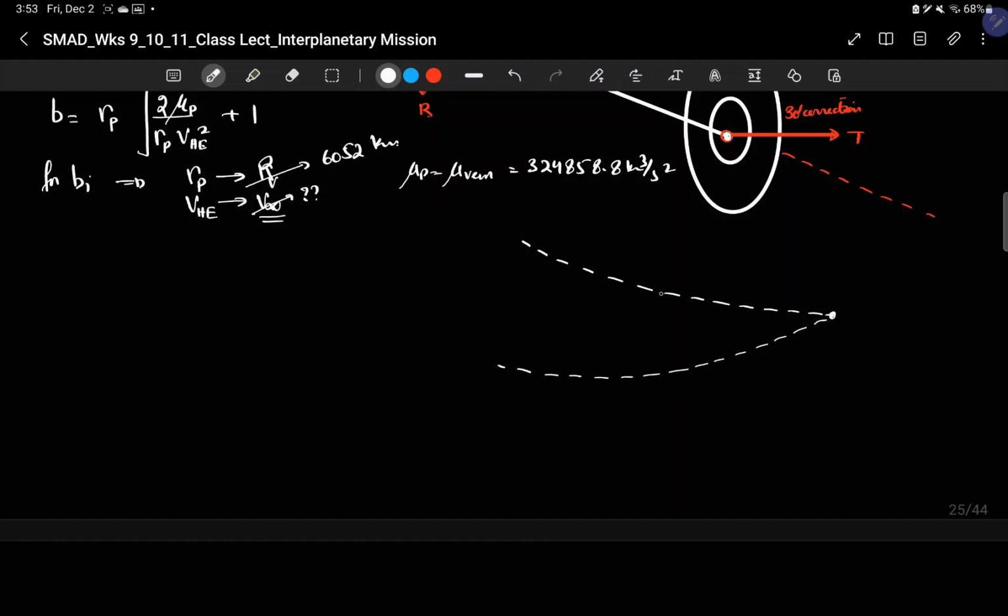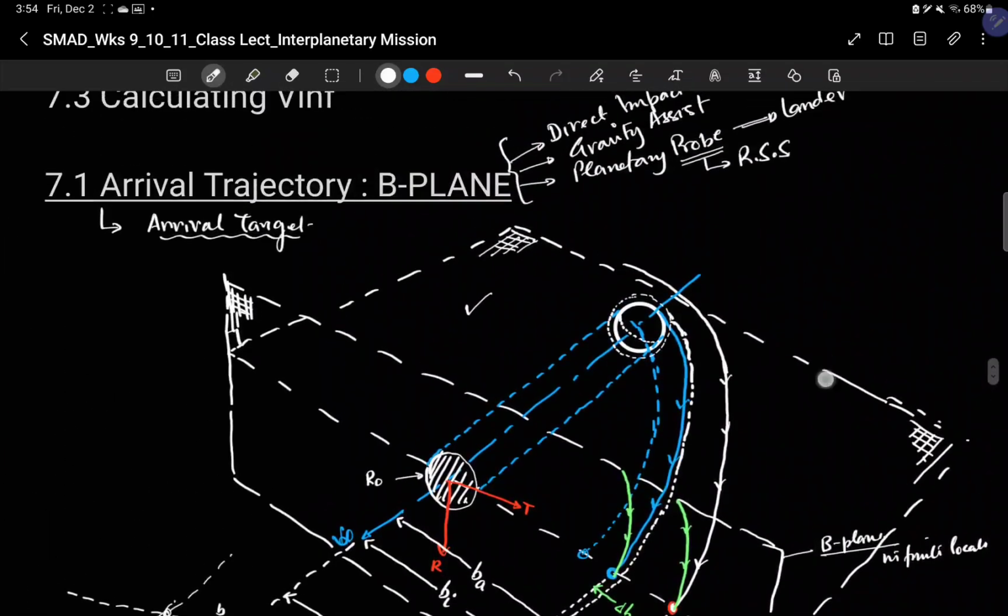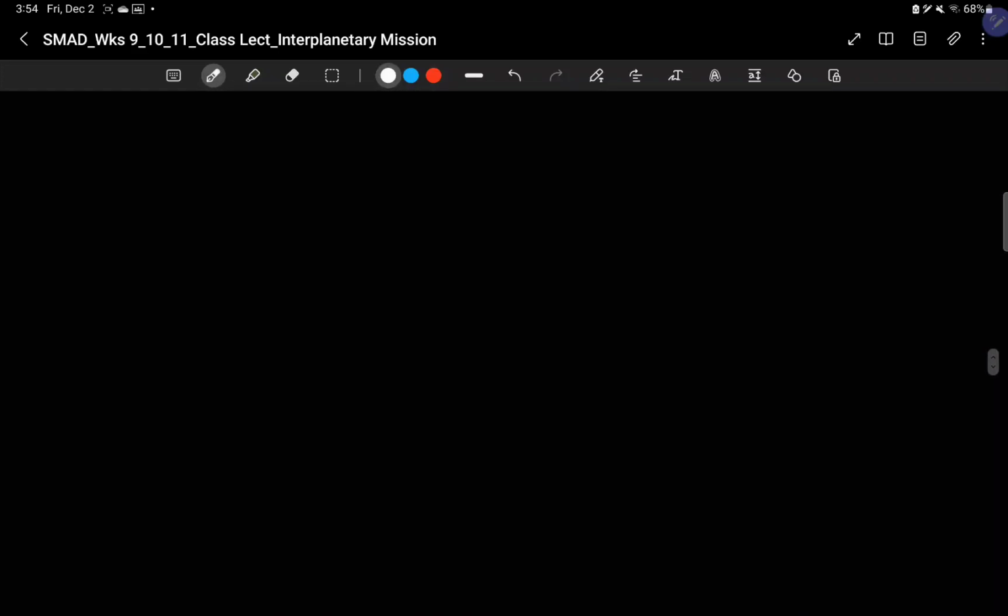This was the arrival velocity of the planet with respect to the Sun, and on this side was the arrival velocity of the spacecraft with respect to the Sun at the arrival point. The angle we had calculated between these two was I on the transfer orbit, ITV. Now, if you want to recall, we had this figure.